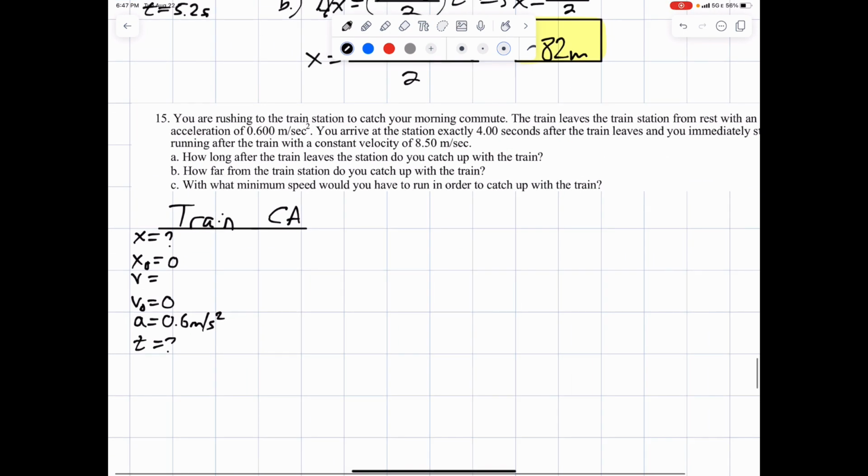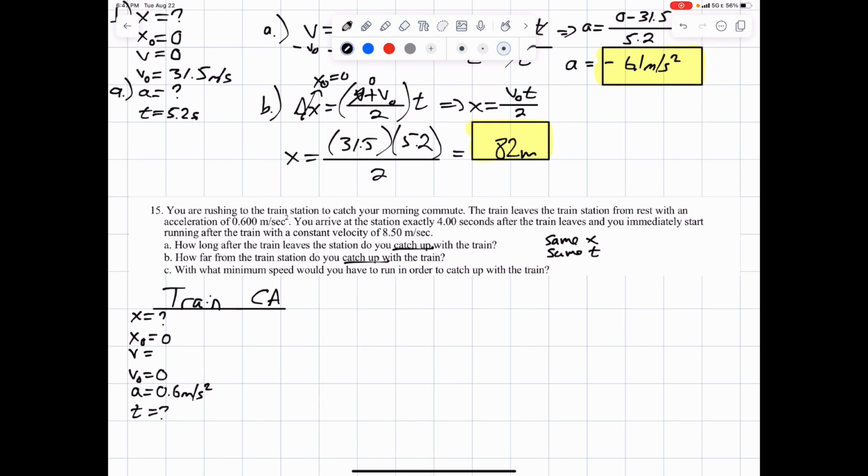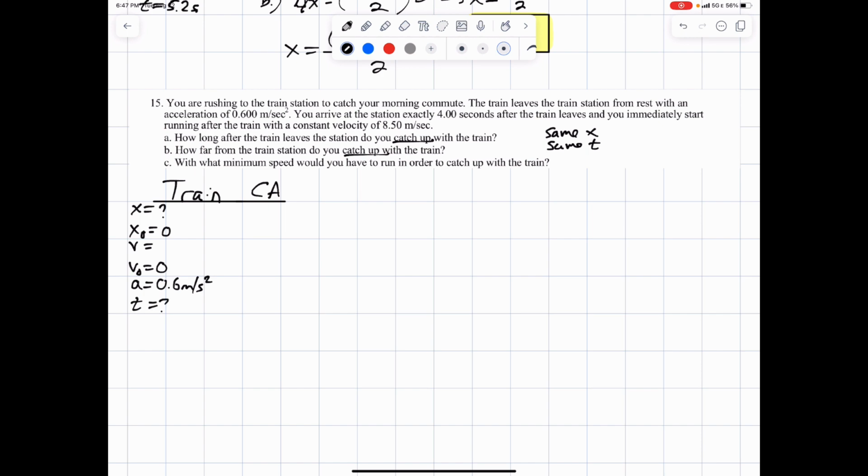Something you have to consider when you are trying to catch the train, catching up with the train means a couple things. Number one, same position x, same time t. Okay, so we are going to be setting our positions equal to each other and ultimately solving for that time it takes. So that's the train.